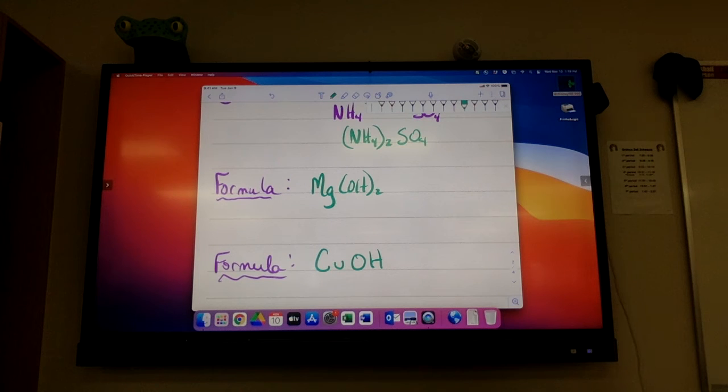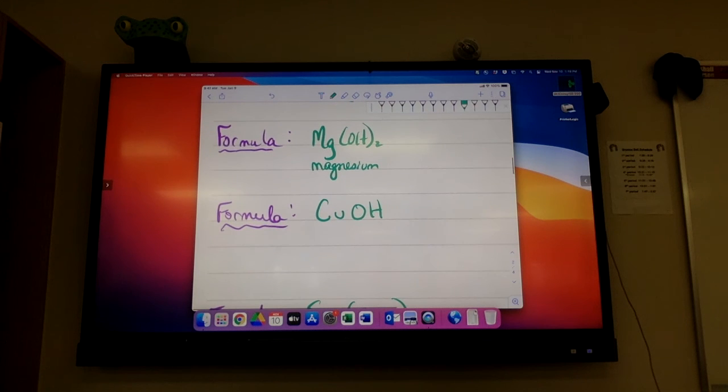Is that why we have to memorize it? So this is magnesium. And since magnesium's not a transition metal, you don't have to do anything weird to it. You don't have to split it apart. You don't have to look up its oxidation number. You don't have to do anything. It's just magnesium, and then OH is one that you memorized, and it's hydroxide.